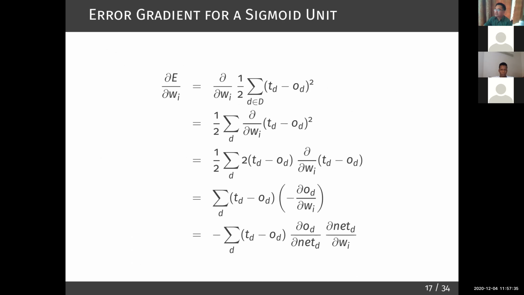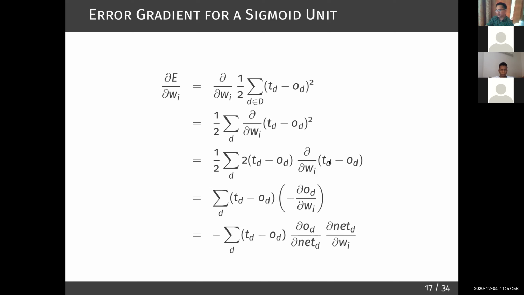So now let's compute exactly the way we did before. We still use the partial derivative of the error with respect to wi as a summation of the squared error. We do the same thing: we repeat, write this one, and take the derivative of this.